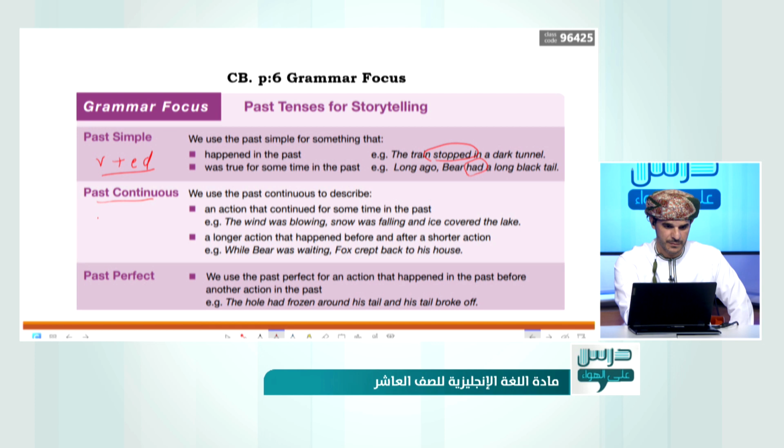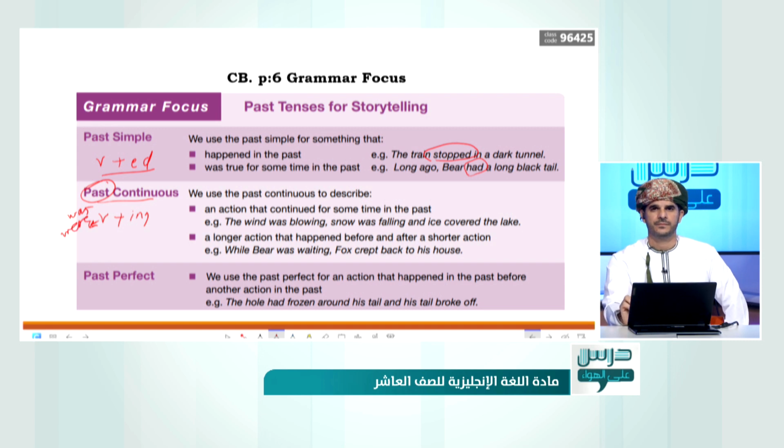Past continuous, you know that verb, which is the base form of the verb, plus ing. And before the verb, because it's in the past, you must add what? Was or were.